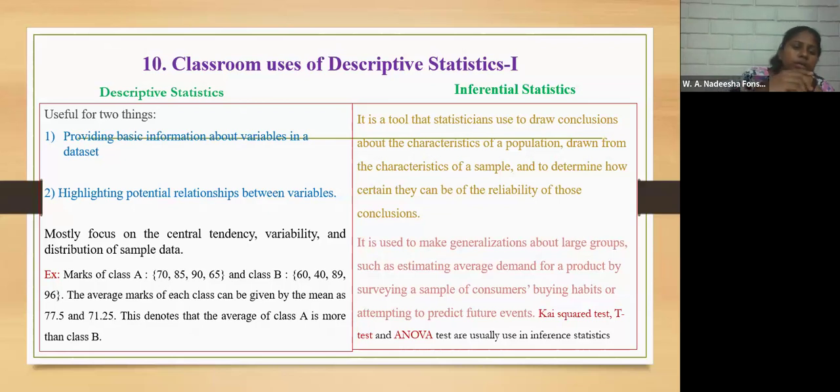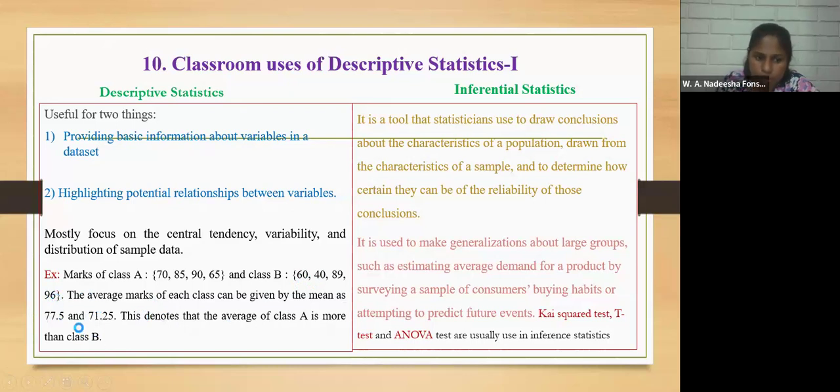As an example, assume that the marks in class A for maths, or any subject, are 70, 85, 90, and 65. By calculating the mean value, that becomes 77.5. For class B, the marks are 60, 40, 89, and 96.